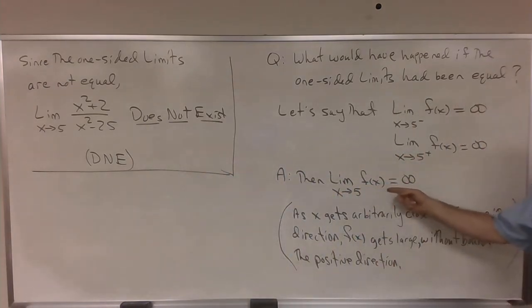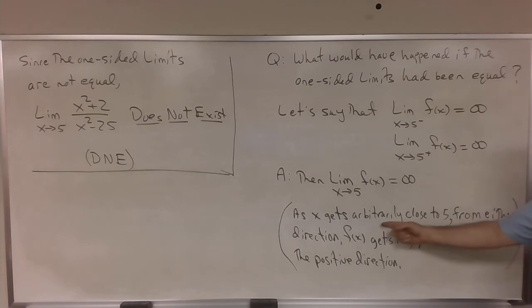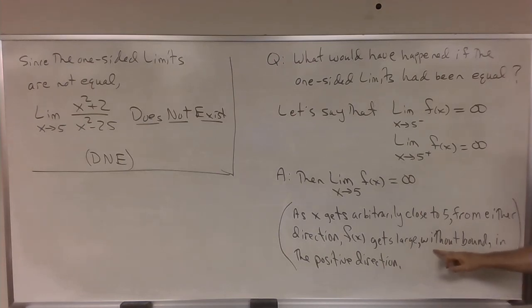This is what the statement, the limit as x approaches 5 of f of x equals infinity, means: as x gets arbitrarily close to 5 from either direction, f of x gets large without bound in the positive direction. That's what that means.